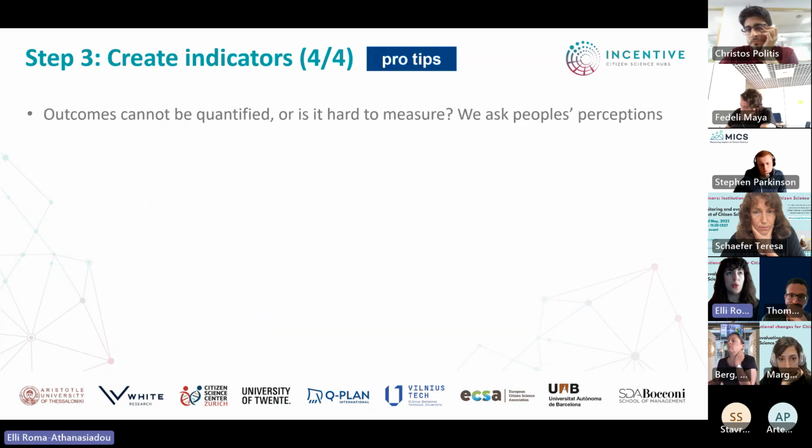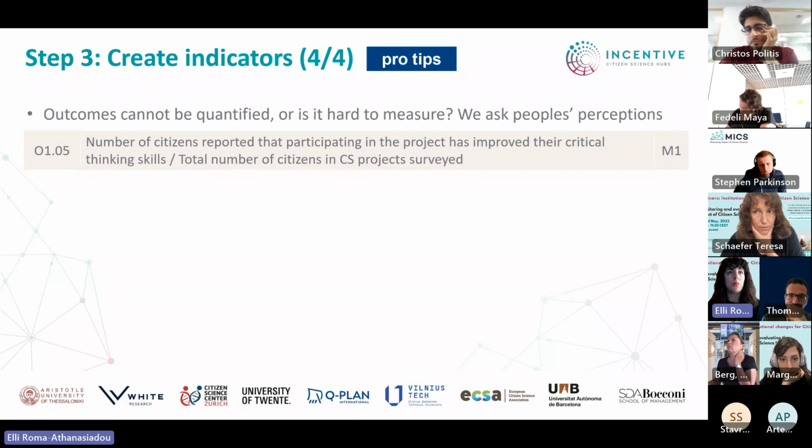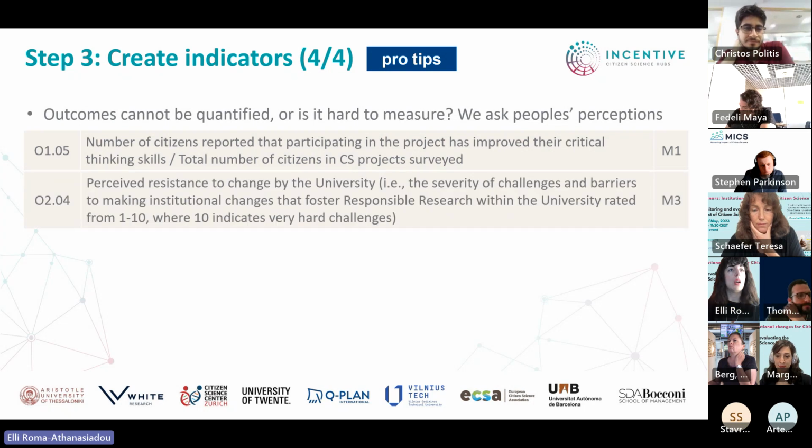And finally, some pro tips. If the outcomes cannot be quantified or it is hard to measure, you can always ask for people's perceptions and see what they think about something that is important for you.